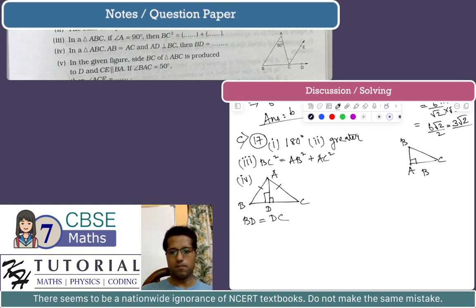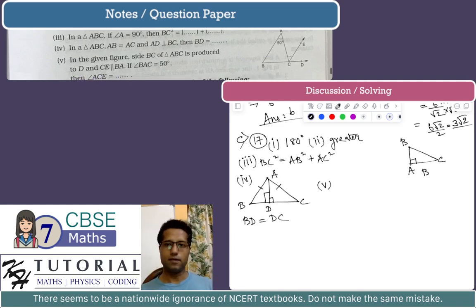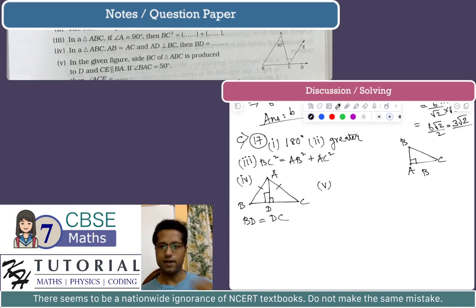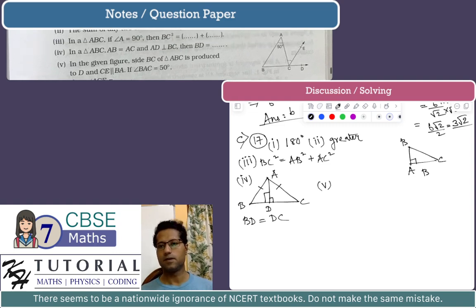Okay. Part 5 says, in the given figure, side BC of triangle ABC is produced to D. And CE is parallel to BA. If angle BAC is 50 degree, then angle ACE.